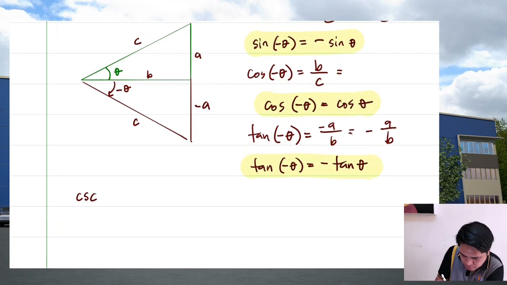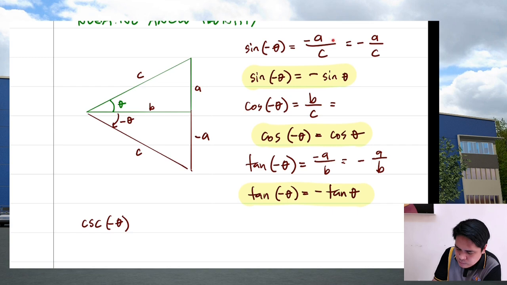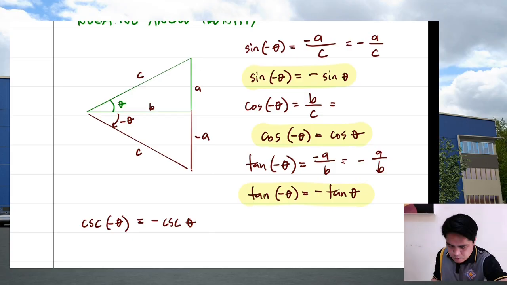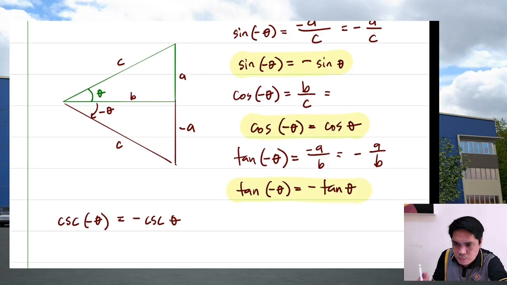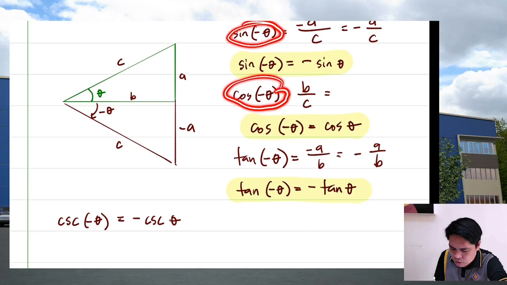Let's have cosecant negative theta. Cosecant negative theta is just the reciprocal of this. Ayan na. The reciprocal of this. So that's negative C over A gihapon. So that is just equal to negative cosecant theta. And from here, we could just generalize na yung property for its reciprocal is the same for these base functions, sine, cosine, and tangent.